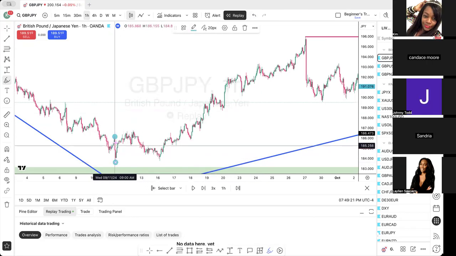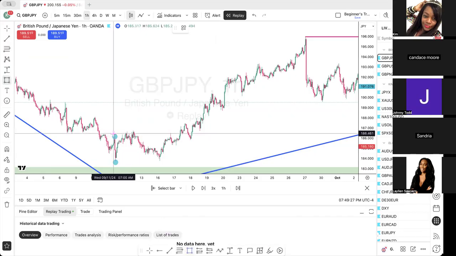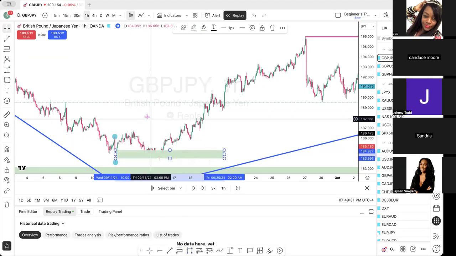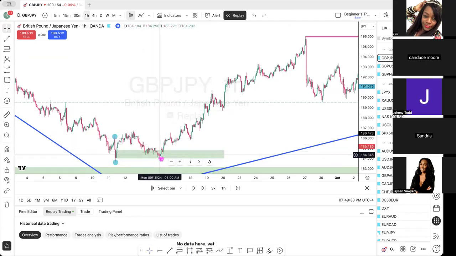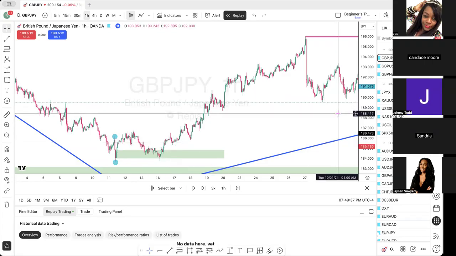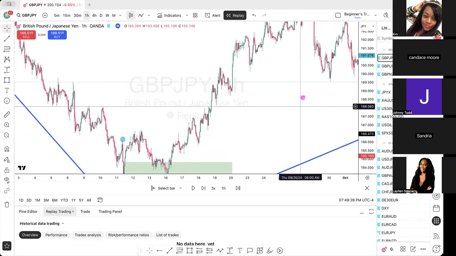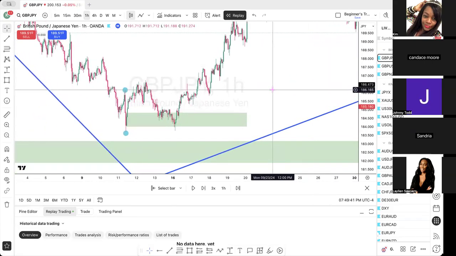This the swing low, and then you had this shift in structure, right? Soon as you got that shift in structure, you mark up your demand zone and you look to trade from this zone.